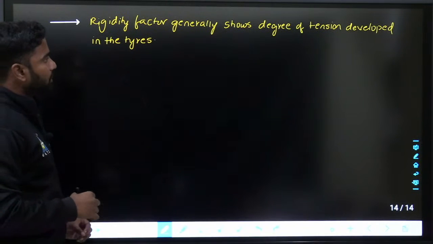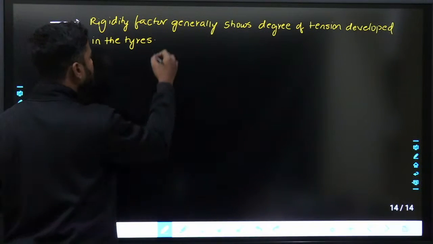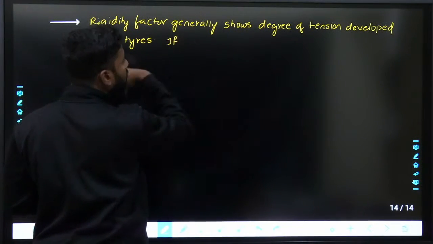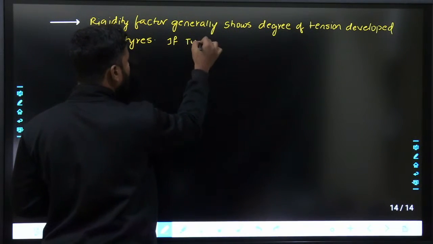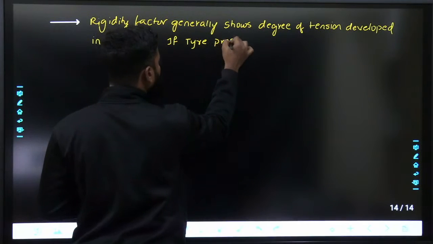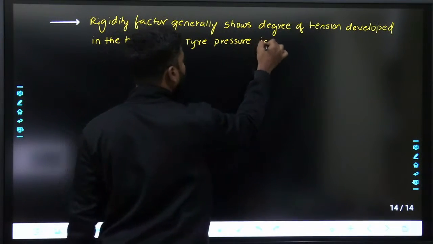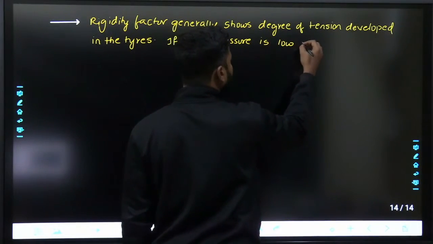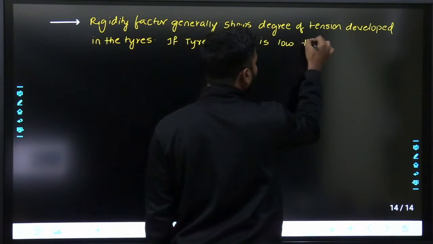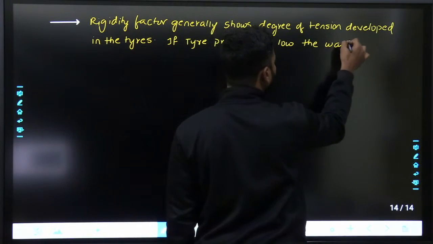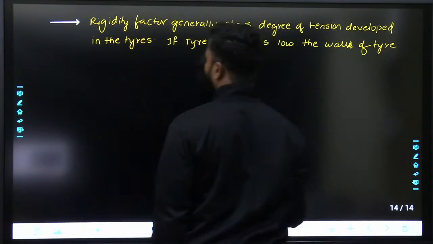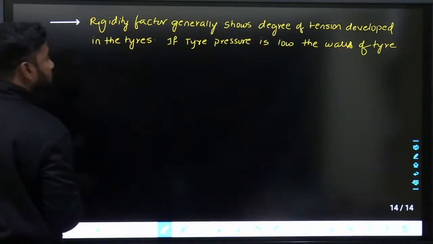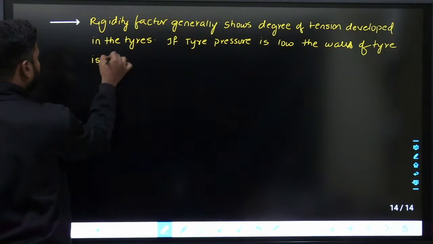So that means if tire pressure is low, then the walls of the tire are under compression.